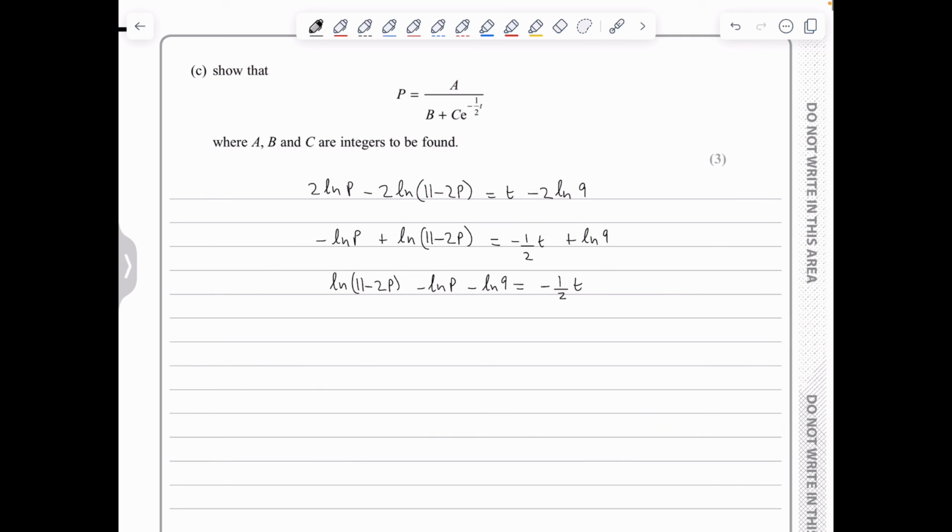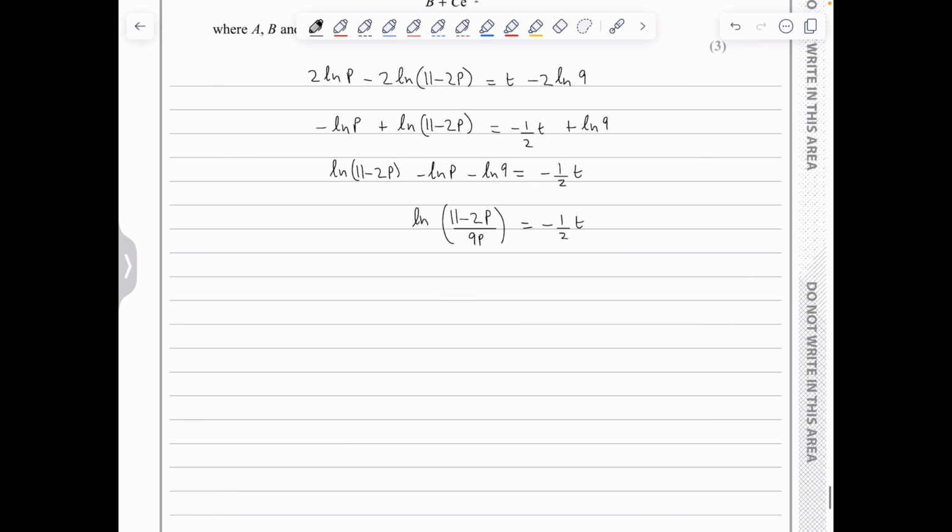We know that when we've got subtraction of logarithms, it's the logarithm of the quotient. So it's ln of (11 − 2p)/(9p). This is equal to −½t. Now I will undo the ln by doing e to the −½t on the right hand side. So (11 − 2p)/(9p) is e^(−½t).